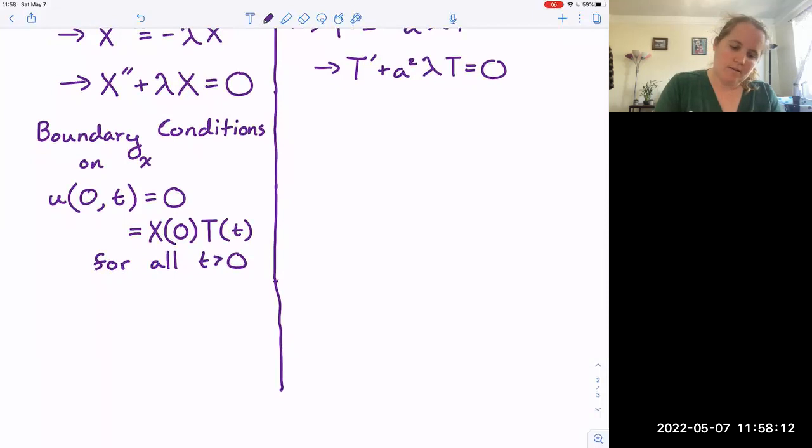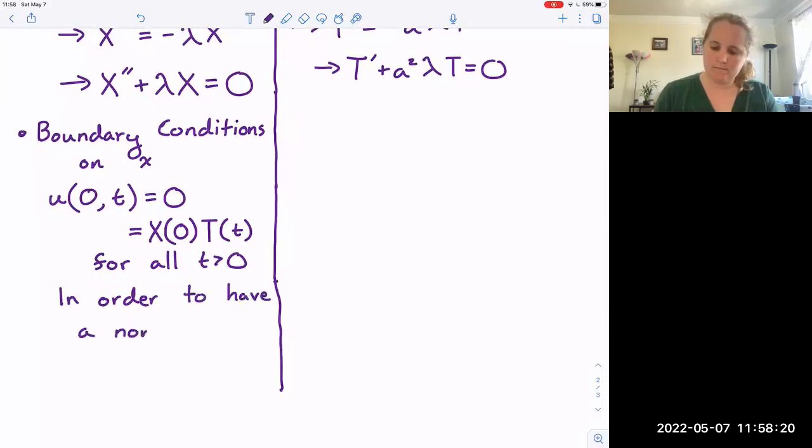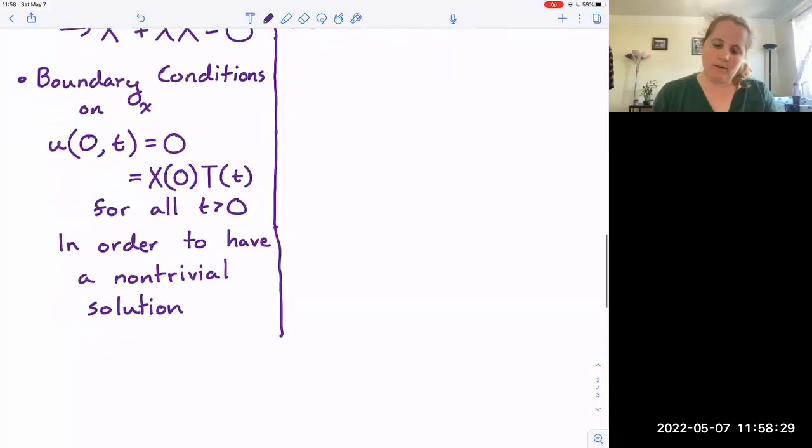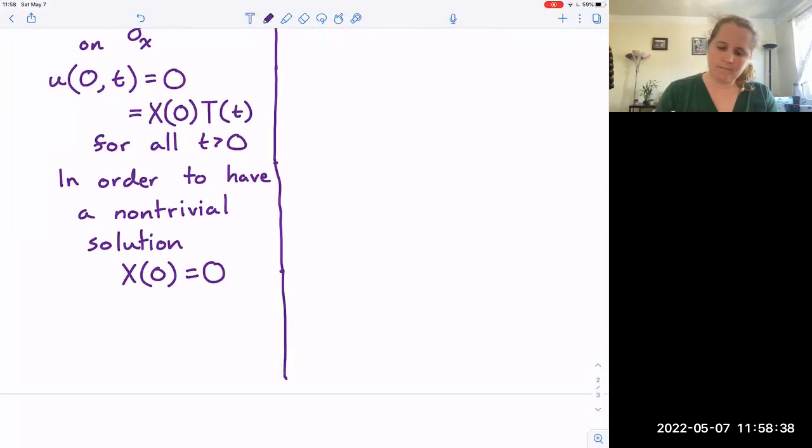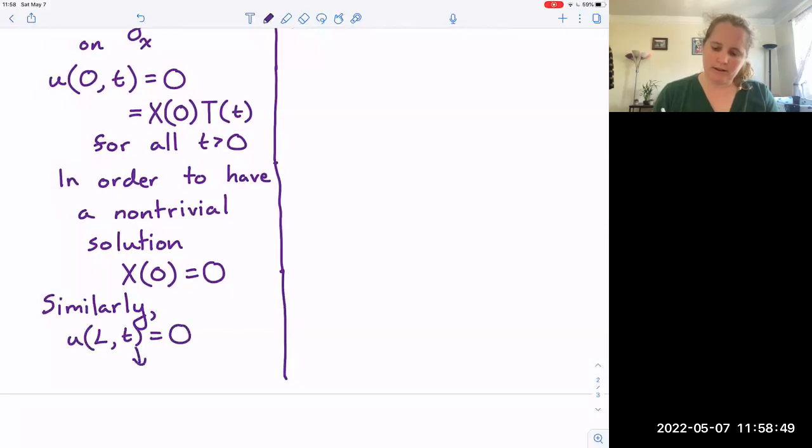Similarly, u(L,t) equaling 0 translates to X(L) is equal to 0.